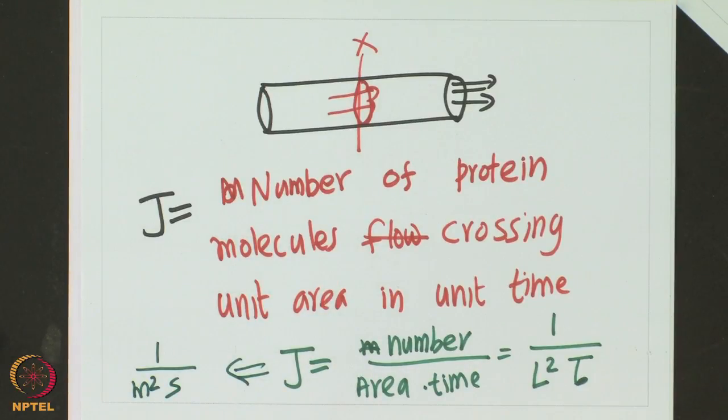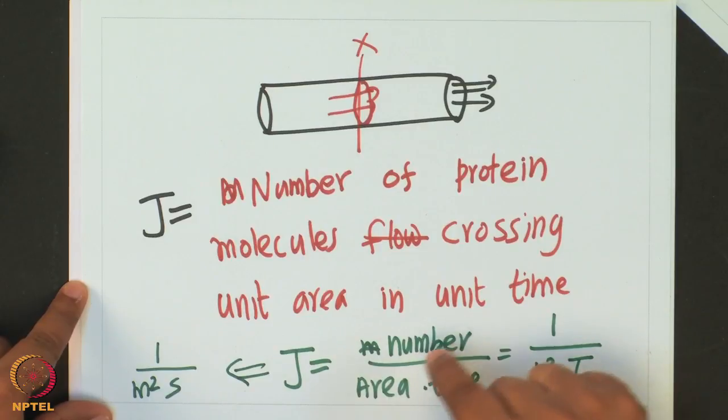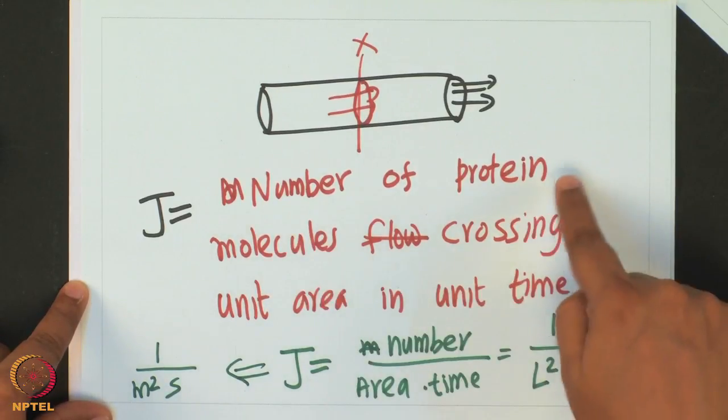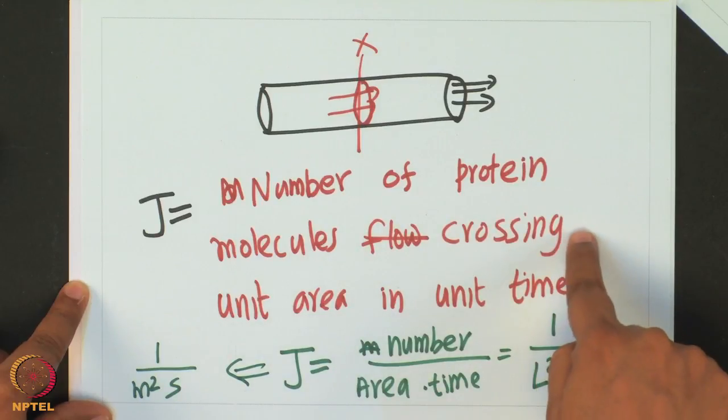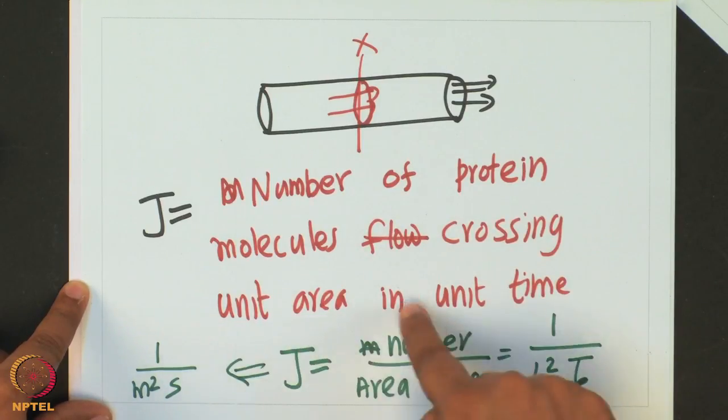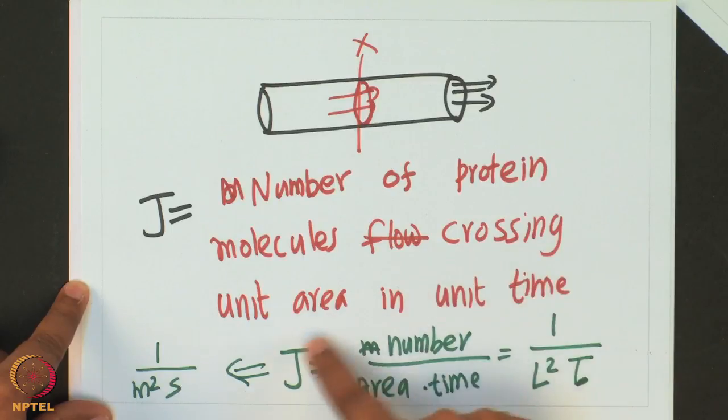1 over meter square per second, that is meter minus 2 s minus 1, m^-2 s^-1, will be the unit of J. That is the flow, which is basically the number of protein molecules crossing a unit area in unit time.